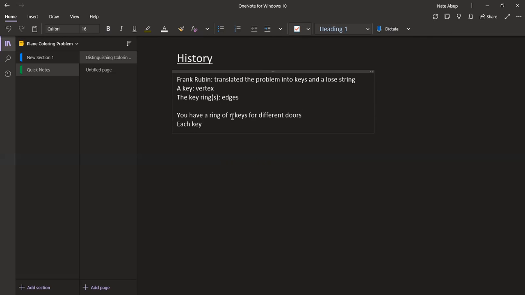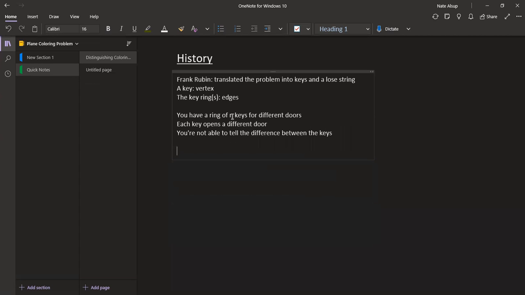Each key opens a different door, and you're not able to tell the difference between the keys.